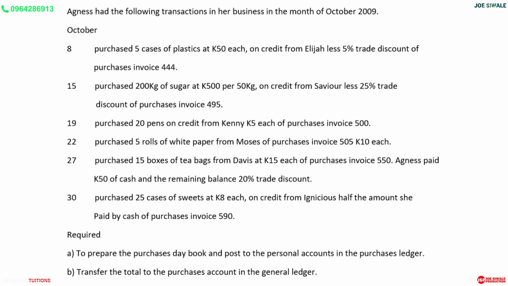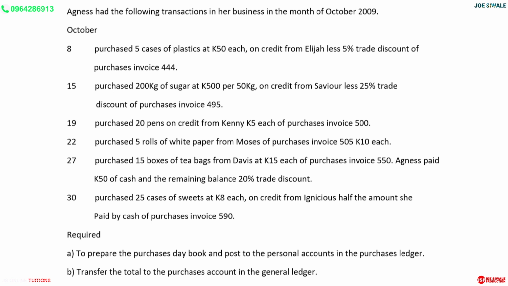Then on the 19th, purchased 20 pins on credit from Kenny at 5 kwacha each of purchases invoice 500. Then on the 22nd, purchased 5 rolls of white paper from Moses of purchases invoice of 505 at 10 kwacha each.